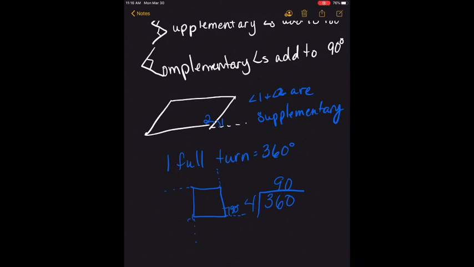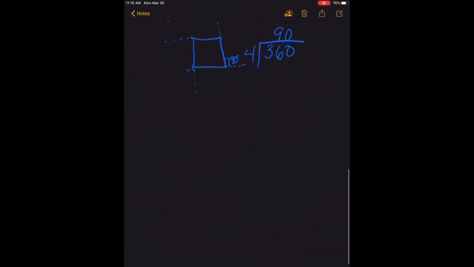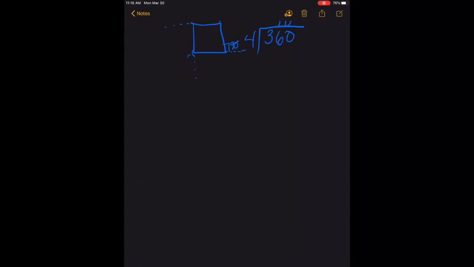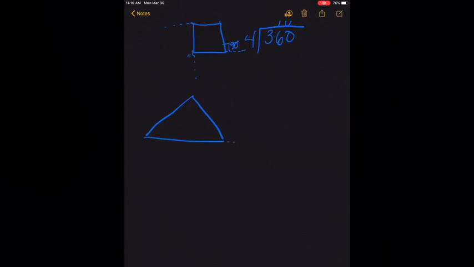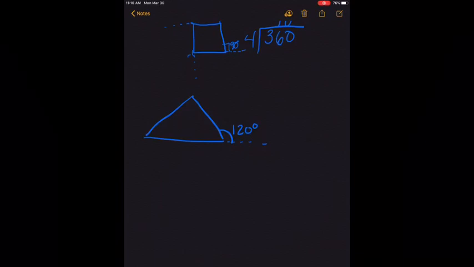My next question says, if the exterior angles of a triangle average 120 degrees, so let's draw the triangle that I have drawn, and these angles are 120 degrees, then how many degrees must the average interior angle be?